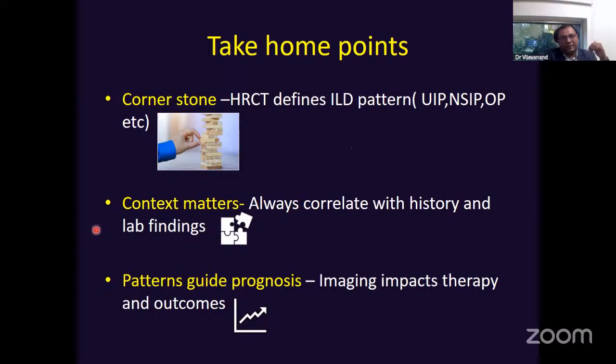Whenever you have some doubts, talk to the clinician so that they can give you a good idea of what exactly the diagnosis can be. And patterns guide prognosis. If we follow the patterns, they can help lead us to the diagnosis, and imaging impacts the therapy and outcomes and helps better diagnosis and better management.